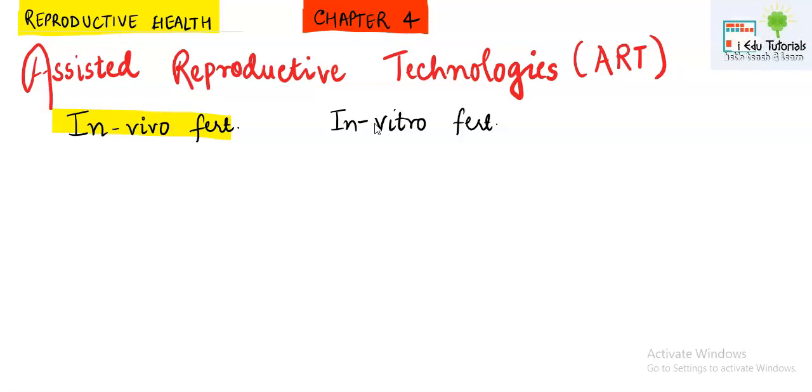We use the term in vivo for it. But when the fertilization happens in a test tube, that means the female gamete and the male gamete are allowed to fuse artificially in appropriate conditions in a test tube, this is known as in vitro fertilization.